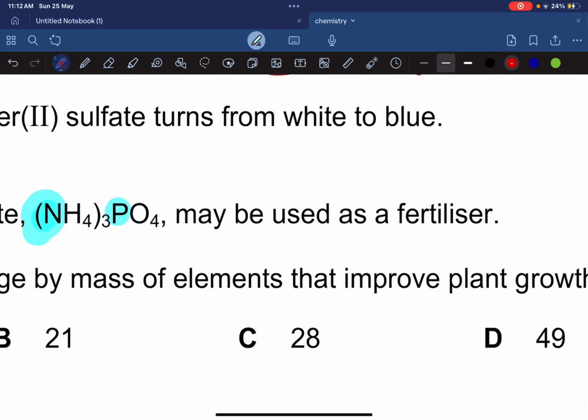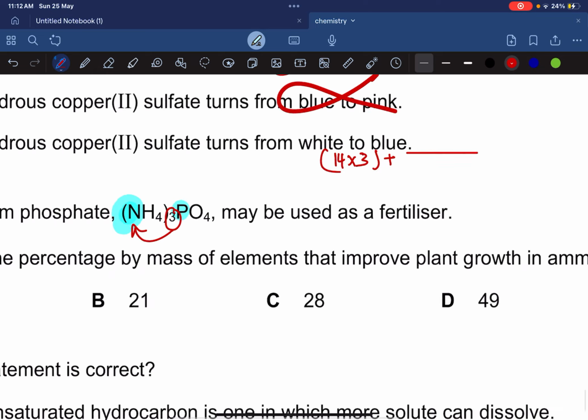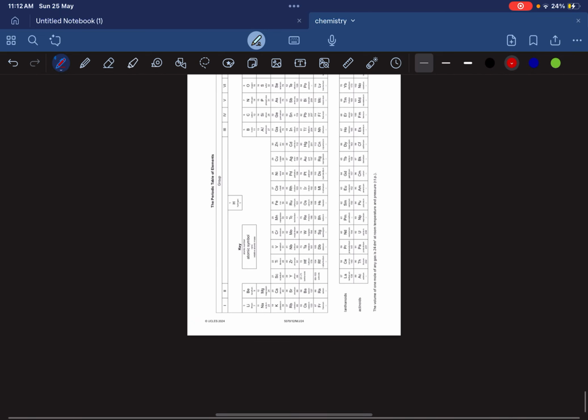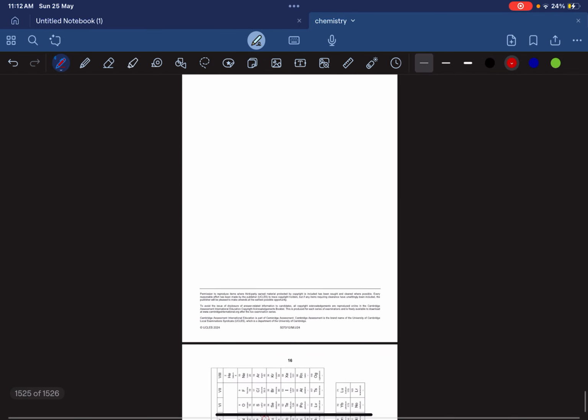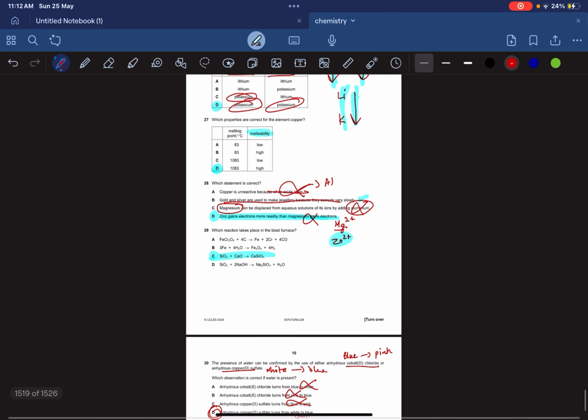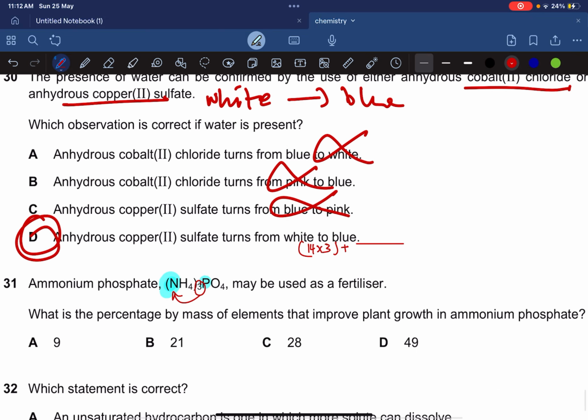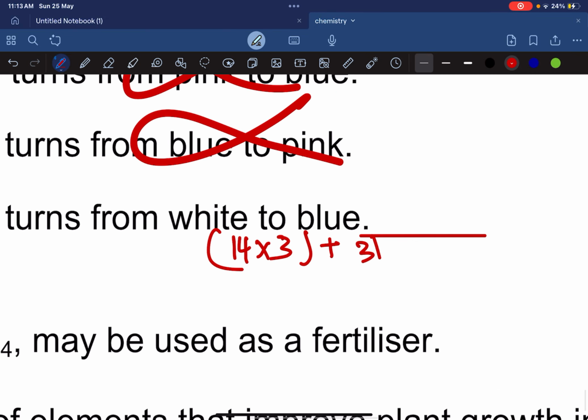So the mass for nitrogen is going to be 14, but how many nitrogens do we have? We have 3 nitrogens. So 14 times 3 plus phosphorus, we have 1. I guess it's 31 in the periodic table. Let's check out 31. Okay, so it's going to be 14 times 3 plus 31 upon the total mass.